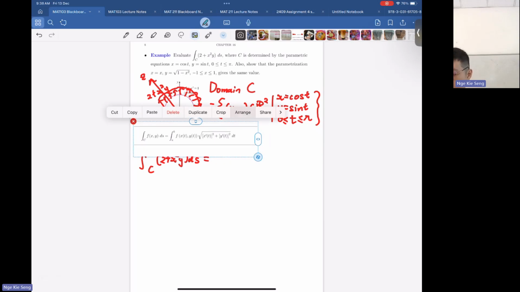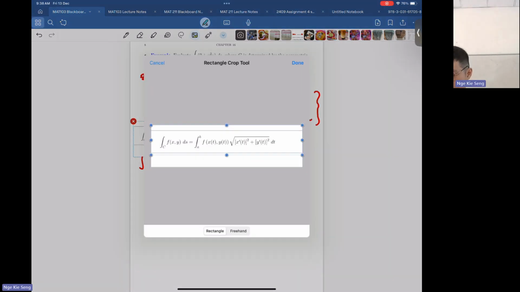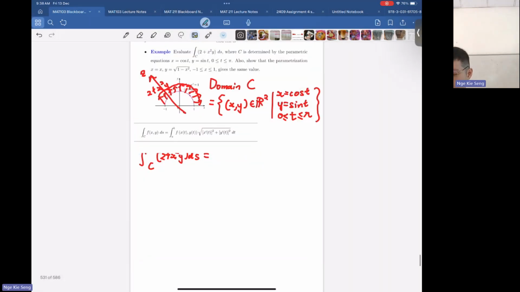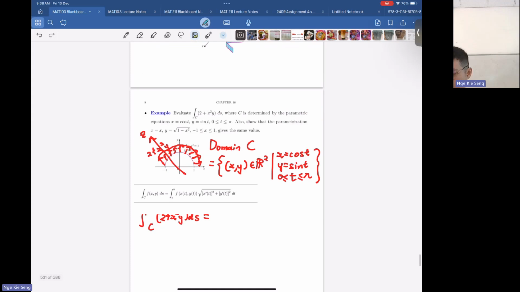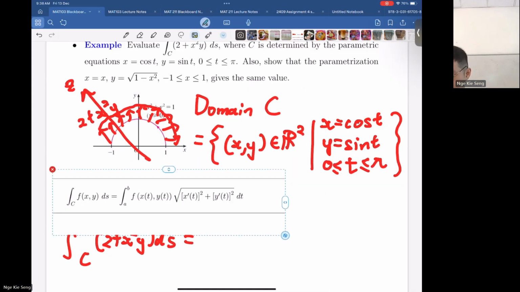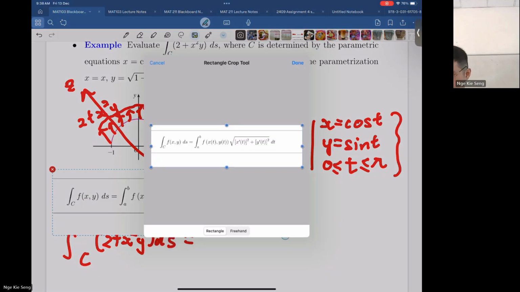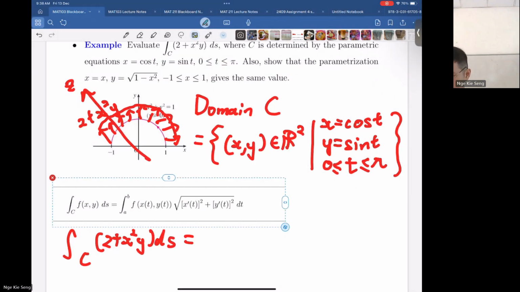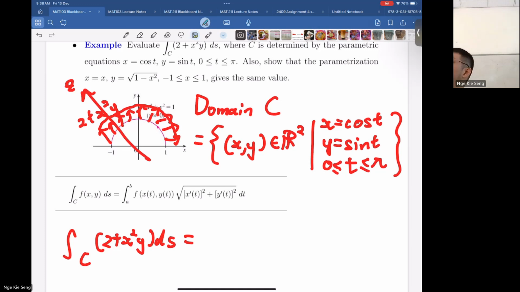Let me ask again, why do we care about this parametrization? Why should we parameterize this C first before computing this line integral?